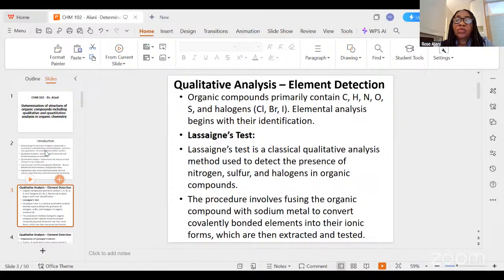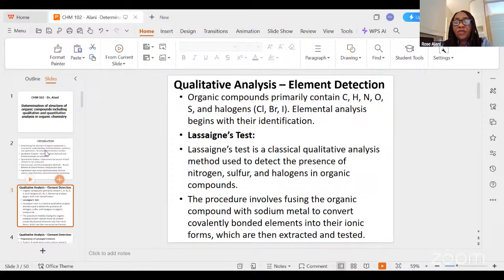So the analysis has to start with the identification. We're going to use Lassaigne's test for this. It's a classical qualitative analysis method that is used to detect the presence of nitrogen, sulfur, and halogens in organic compounds.